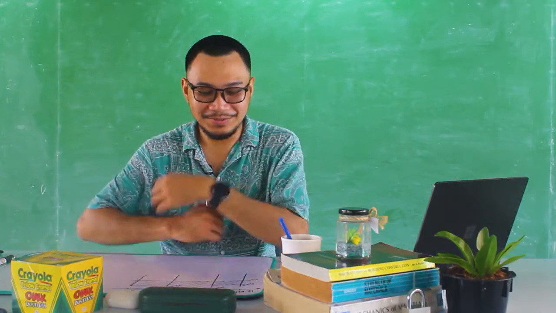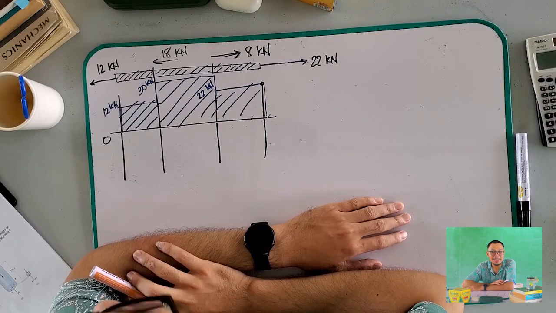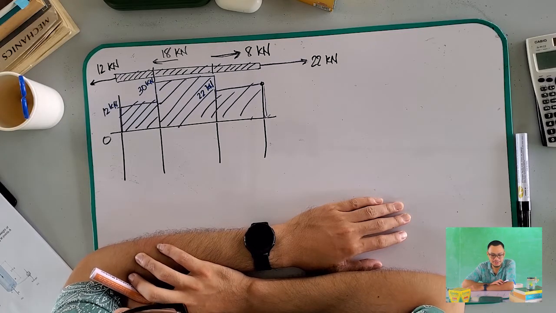And then karon asa man nato makita ang maximum normal stress? Kung asa dapit ang maximum normal nga load, ang atong maximum internal normal force. Asa man dapit ang atong maximum internal normal force?